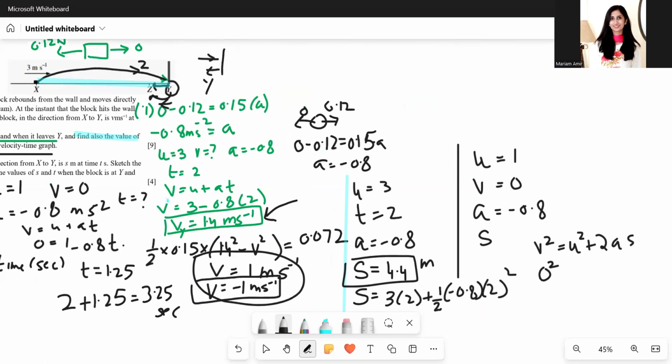So 0 square is equal to 1 square plus 2 times minus 0.8 times s, which comes out to be 1 divided by 2 times 0.8, 0.625.